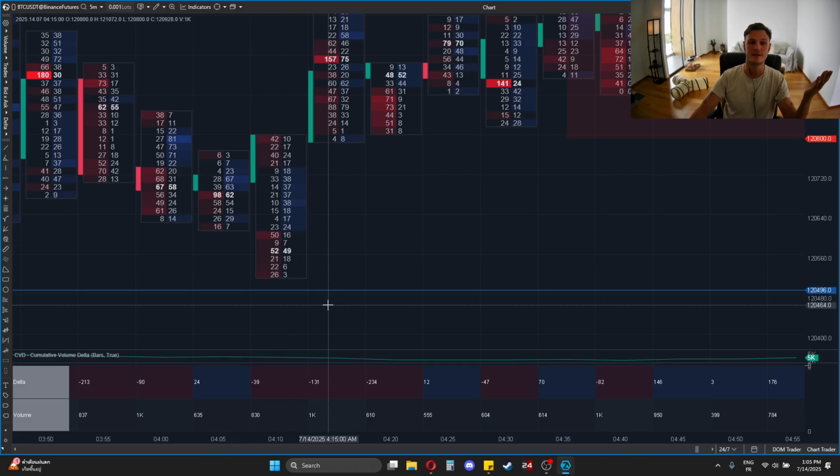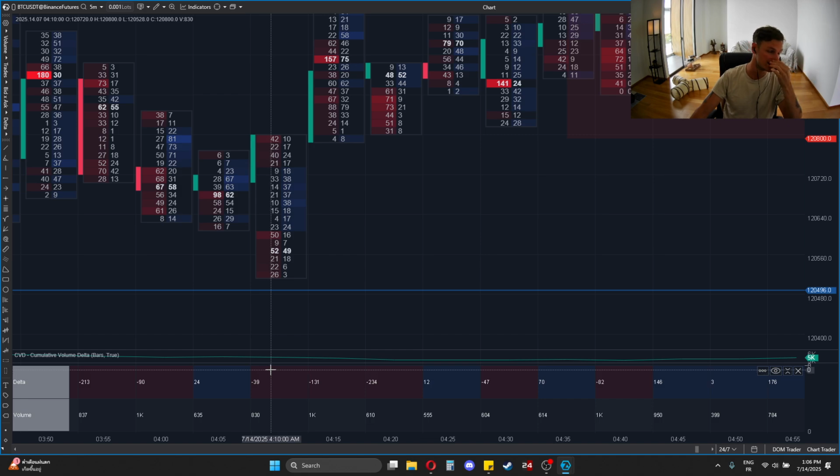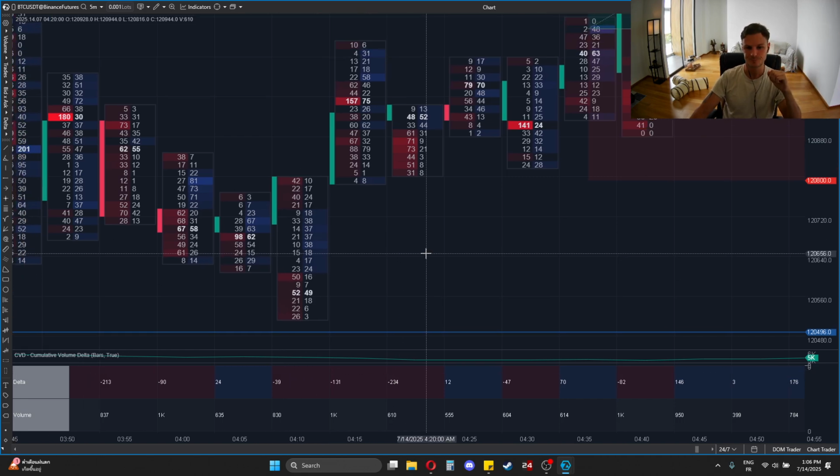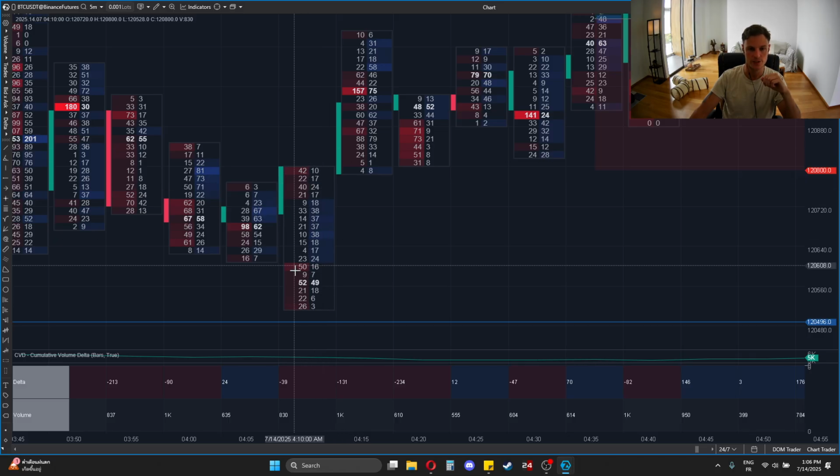So that's a negative delta. In this case, I'm not going to add all this up right now, but you have a certain amount minus whatever amount was here, equaled at the end, minus 39. So you had 39 more sell contracts than buy contracts in that candle, okay? So now you understand what each of these candles are.